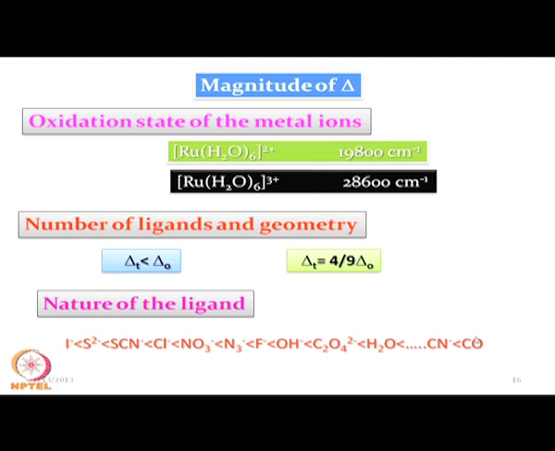Further, we can consider carbon monoxide, though it is a neutral one, but its typical nature of bonding, that we will discuss in case of the molecular orbital picture, is that CO will exert more delta value compared to CN minus. Though CN minus has charge, the neutral CO will have a better effect in terms of the corresponding splitting. So, CO will be considered as the strongest possible ligand in the spectrochemical series compared to CN minus.